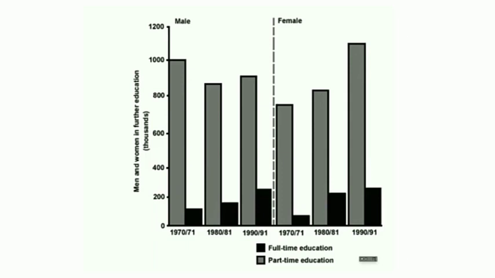For example, you can see here that in the case of full-time education among males, the graph is constantly increasing. For females, there was quite a big jump from 71 to 81, and then it slightly increased.